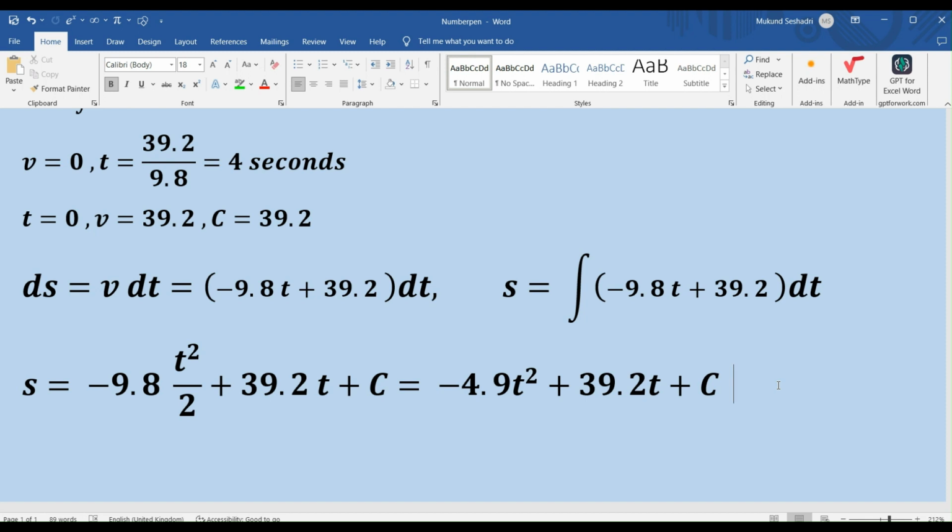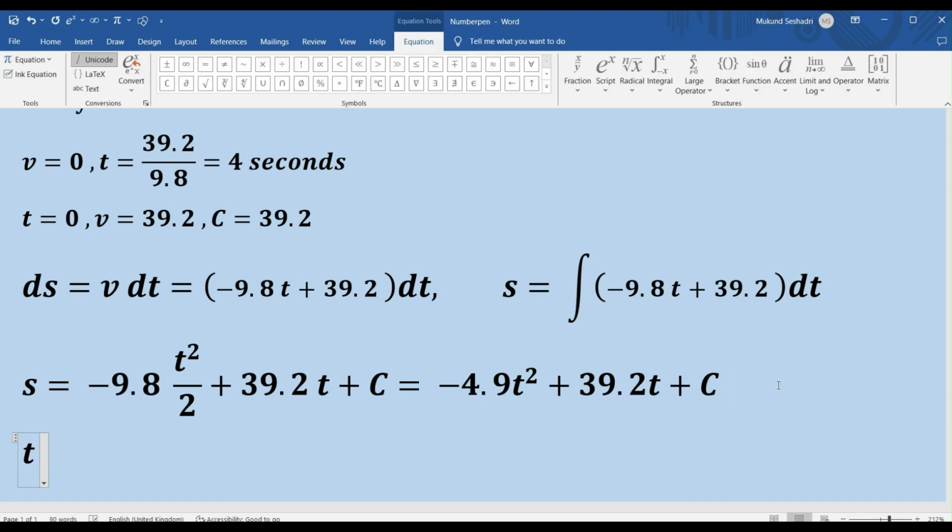And like we solved for c in the velocity equation, we will have to solve for c in the distance equation as well, right? So I know that at t equals 0, my distance traveled by the ball is 0, right? So at t equals 0, my s equals 0, therefore my c also equals 0, right?